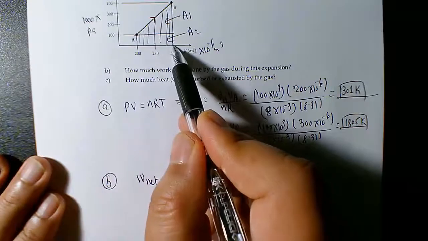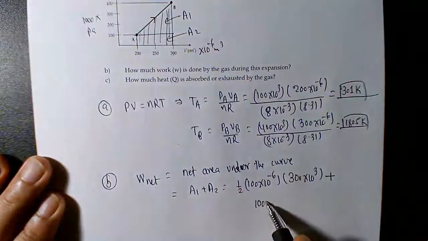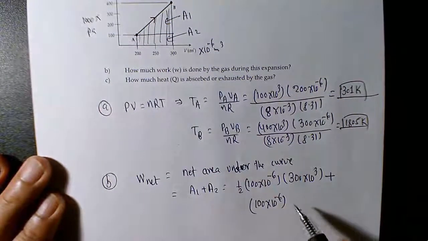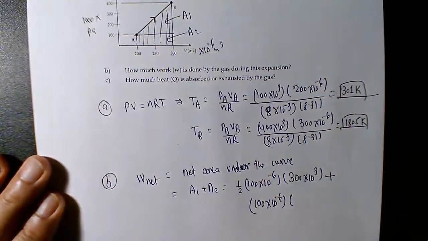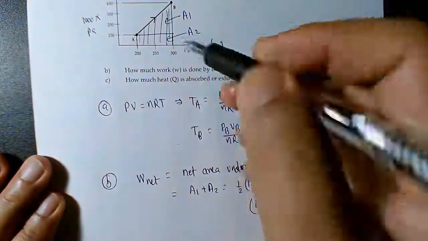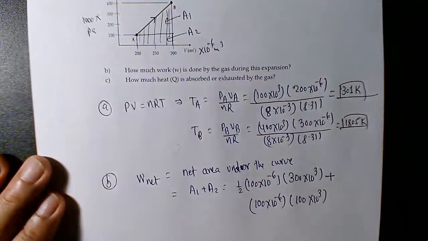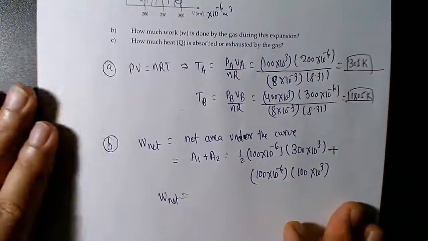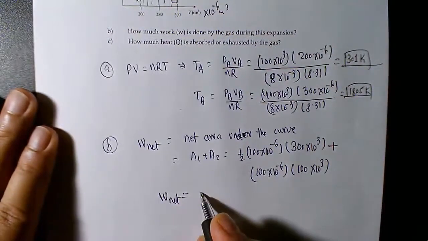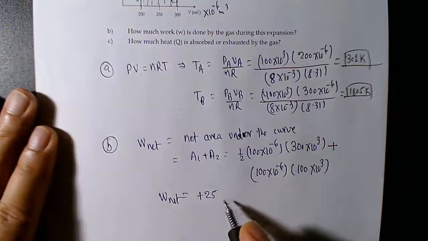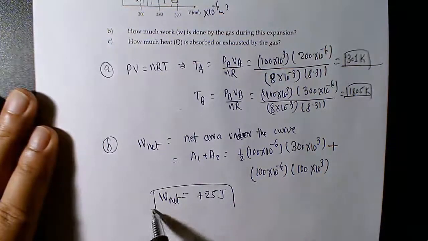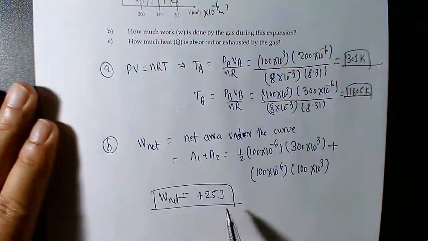The length is 300 minus 200, 100, again times 10 to the power negative 6 because it has to be in meter cubed, and the height is just 100, but since it is in kilopascals, 10 to the power 3. So that's the total area, which must be the net work done during this process. If you do that, it's going to be positive, because work done could be positive or negative. Since the gas expands, it's positive work. So 25 joules if you check.